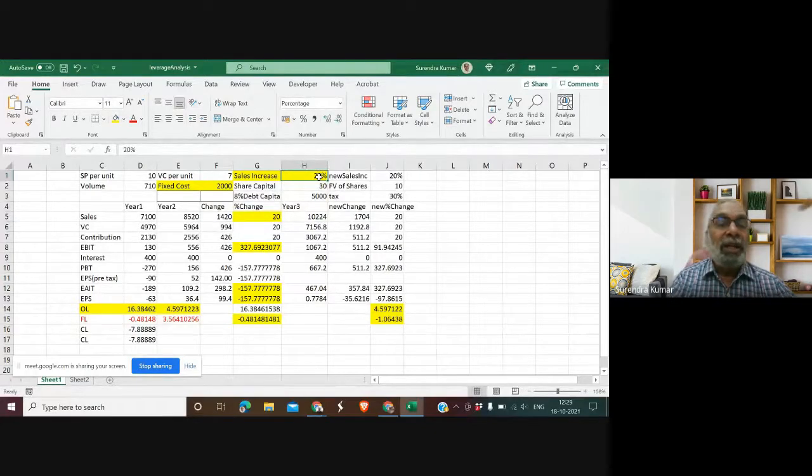If I defined it here, not 20%, but 40%, then also, whether my sales increases by 20% or my sales increases by 40%, my operating leverage doesn't change. Because my operating leverage is defined by the fact as to where my cost structure is today.